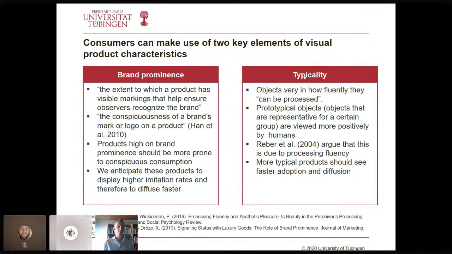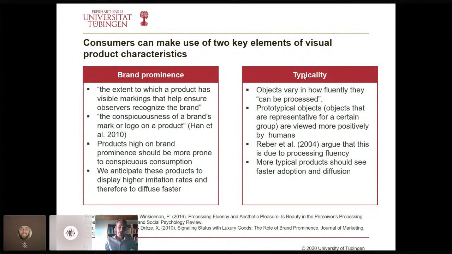How easy it is to identify the brand. And previous research has shown, and in that line we argue that products that are high on brand prominence, so where it is very easy to spot the brand, they should be more prone to conspicuous consumption, because some segments of consumers care about displaying certain brands to their social environment. And we know from research that it is used to communicate within social environments.